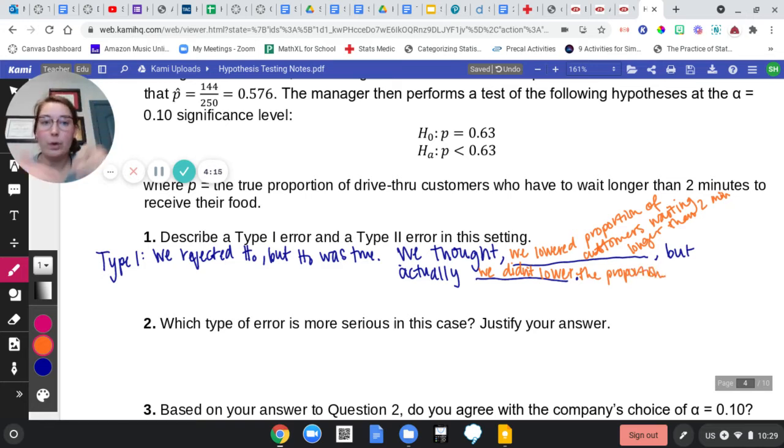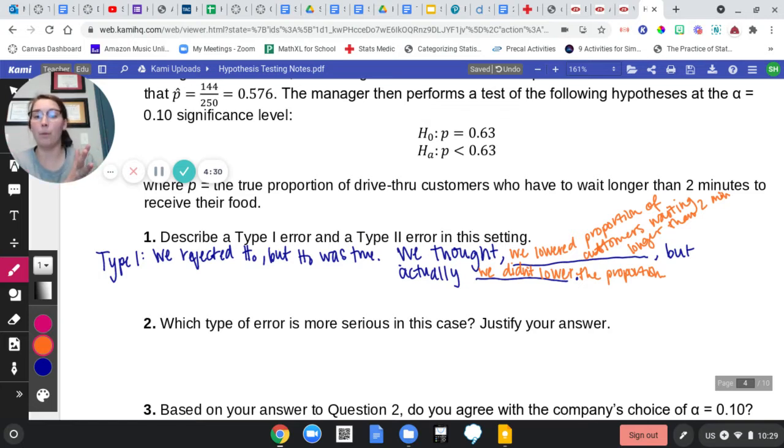In other words, we thought our extra drive-through guy worked, but it actually didn't. So you could also phrase it that way, and that would be like taking it one step further. So I like to describe what we thought versus what the truth was.